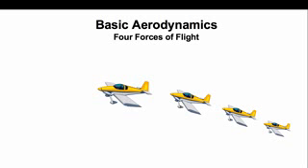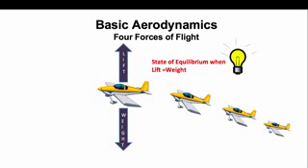By now we have established that lift is the key aerodynamic force. Please remember that when weight and lift are equal, an airplane is said to be in a state of equilibrium, and that means lift equals weight.